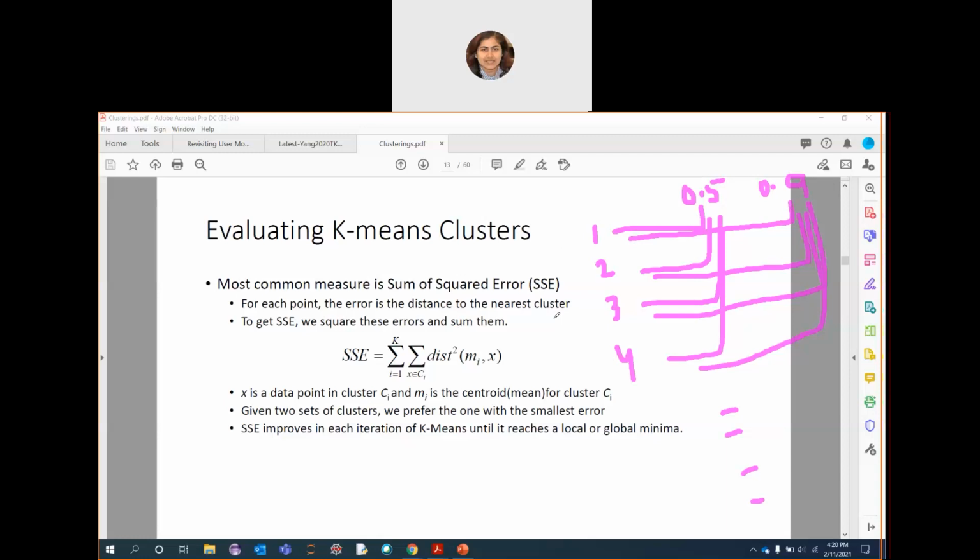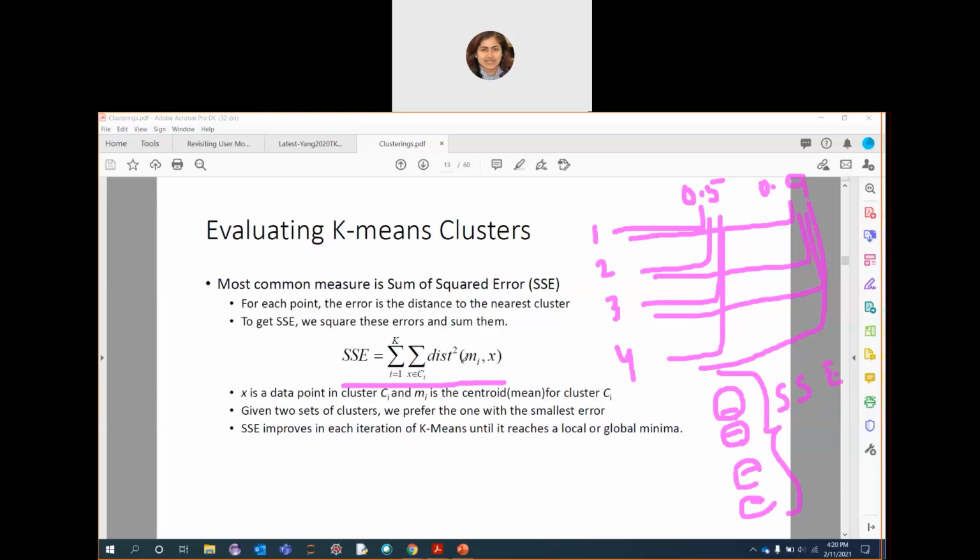Once you have found that, to get the SSE, we need to square these errors. You square all these errors, then add them all together and it will give you the SSE. This is the basic formula of determining that. Whatever I explained is given by this formula here.